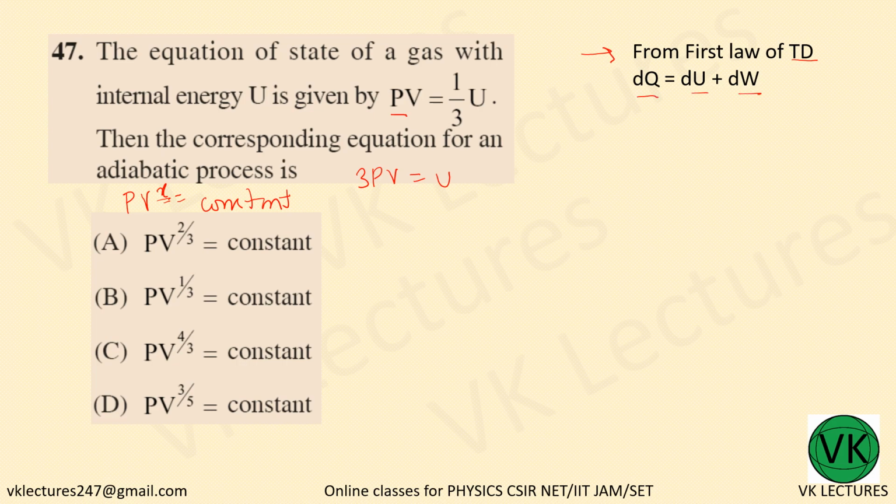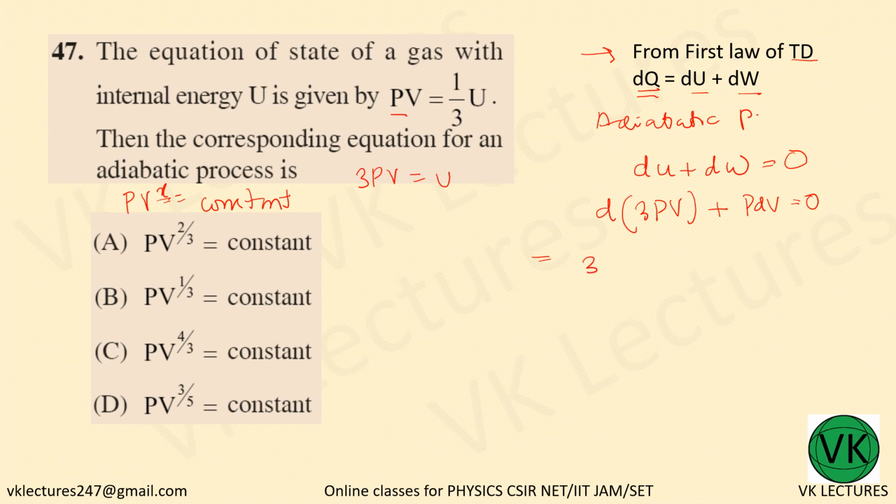Now for an adiabatic process, your change in heat is nothing but 0. So du plus dw equal to 0. Now du is nothing but 3 times d(PV), and dw is nothing but PdV, equal to 0. That is 3 times (VdP plus PdV) plus PdV equal to 0.